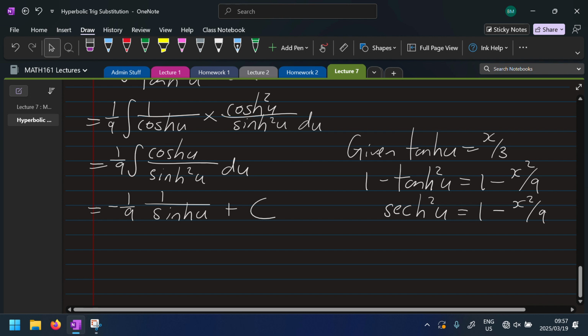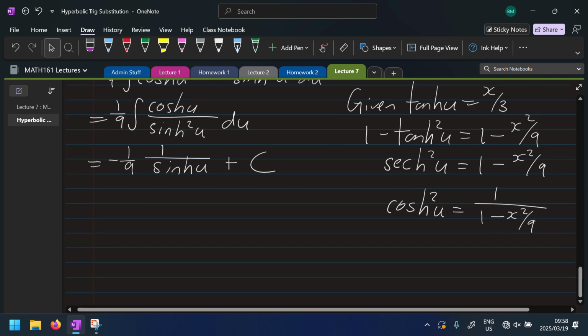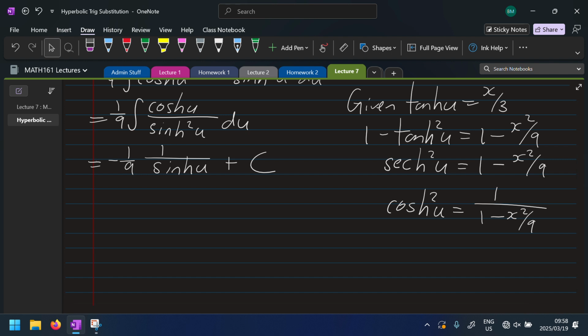Okay, good. Now we want this to be in terms of cosh. So 1 over sech squared, that's cosh squared. So that's easy enough there. You got a question? You just did this. Sorry?